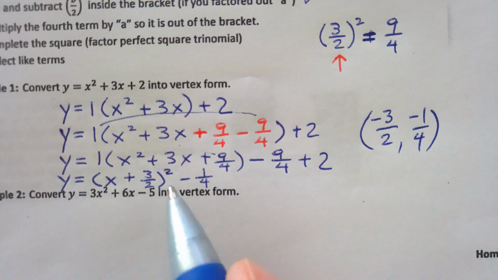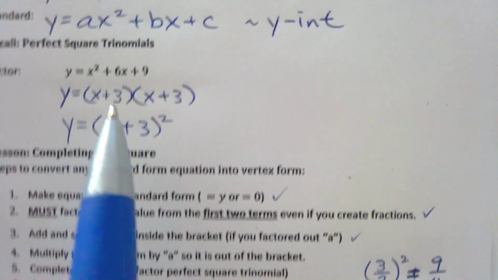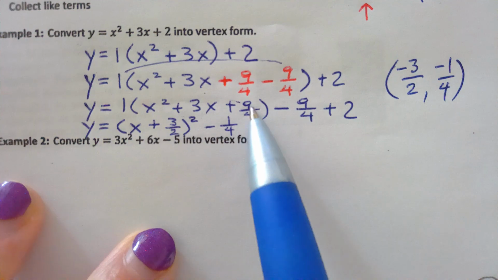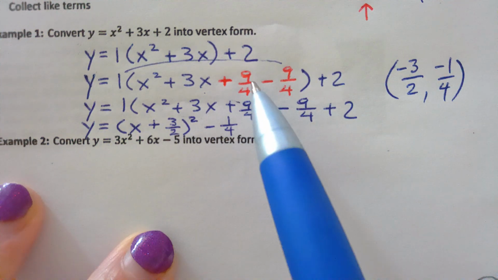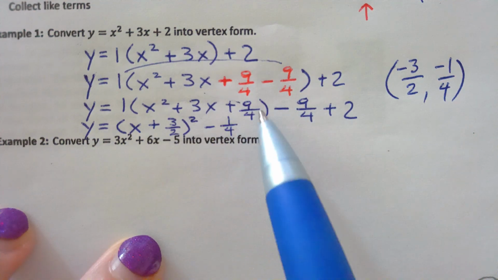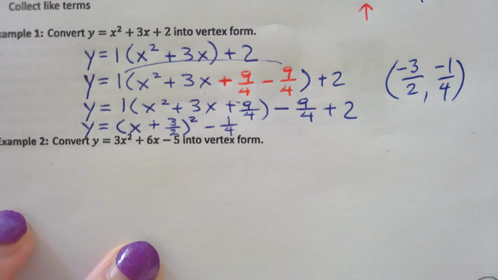Yeah, it's squared. That's why. This was because of this, just like at the beginning, you know how to factor that into this. This is the same reasoning. So what was the purpose of doing the plus 9 over 4 and minus 9 over 4? So that we can create this perfect square to factor into this.